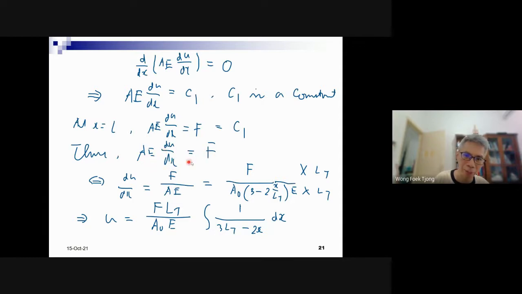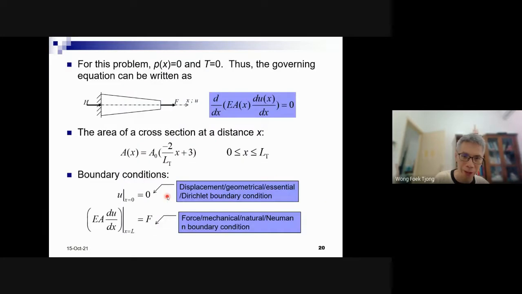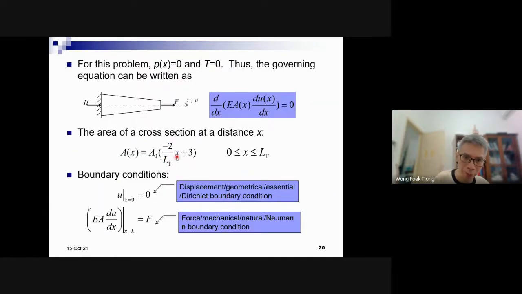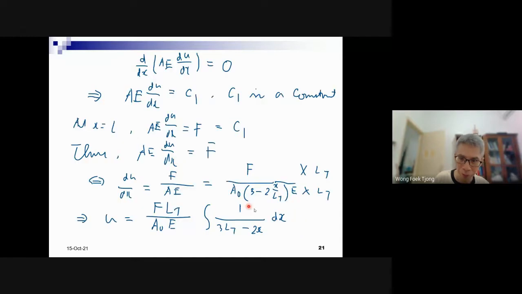The normal force is equal to F. The next step: A E du/dx equals F, or du/dx is F divided by A E. But what is A? A is this one, A0 times (3 minus 2x over LT).